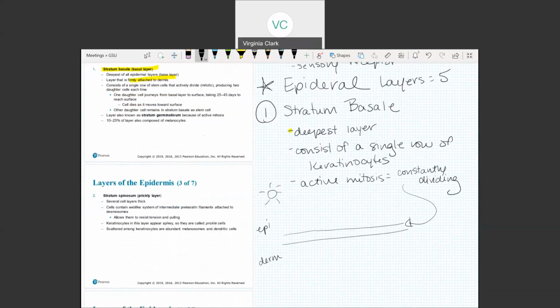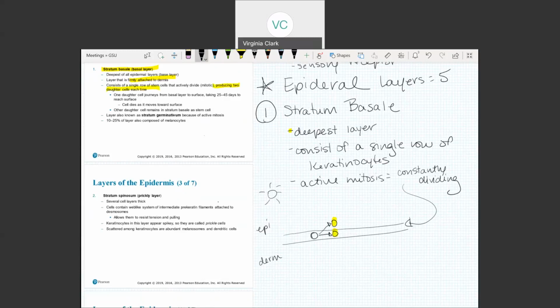And with this stratum basale, I'm going to have one lovely keratinocyte who then will divide into 2, because that's what mitosis does. It divides. As it goes through this constant mitosis of division, it's going to produce 2 daughter cells at one time. 1 daughter cell, 2 daughter cells.